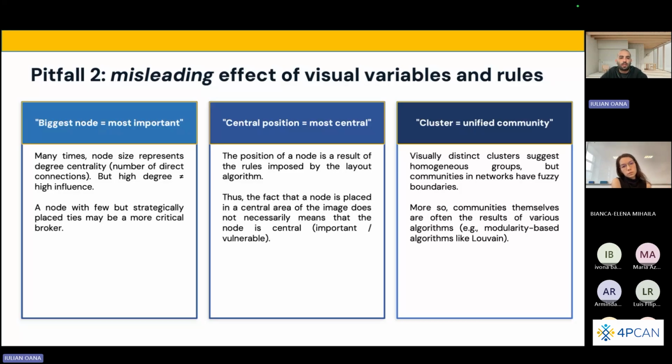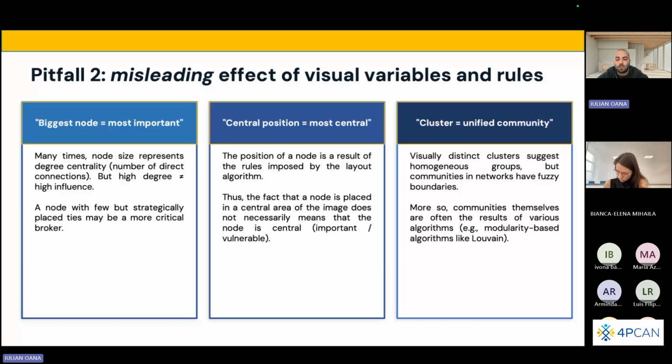The second one is that central position means most central, but this is not necessarily the case because, again, nodes are placed into various positions at various XY coordinates according to some rules that the layout algorithm has.